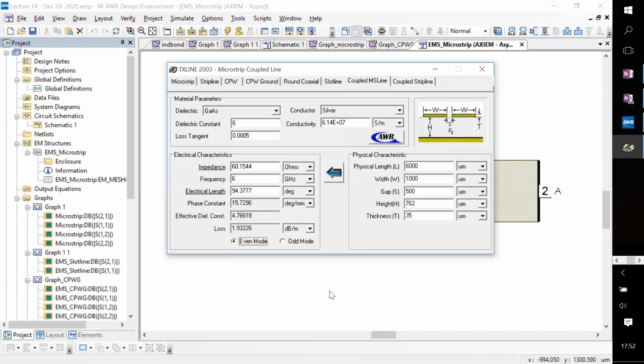Any other ways one could explain this? Can we look at the effective dielectric constant? Mm-hmm. Yeah, so it's 4.7 and 3.79 for the odd mode.